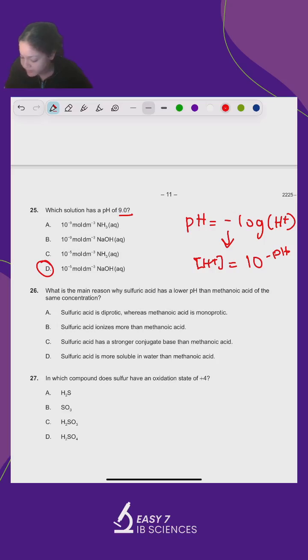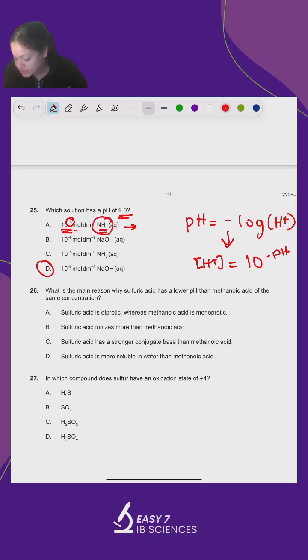So here I'm given the concentration. And so what I can do is just take that number at the top, and that's my pH. That's literally what that is. So my pH for NH3 is technically 9. However, I want you to think about what this is. This is a base. Okay? So if this is a base, the concentration, this is an acid. So the concentration of this is actually not a pH of 9, okay?